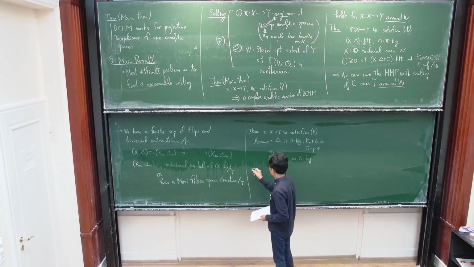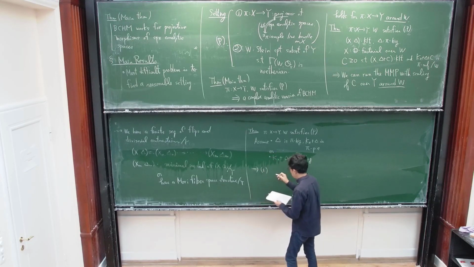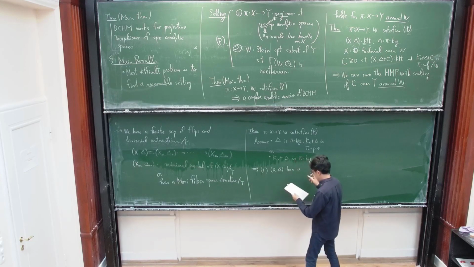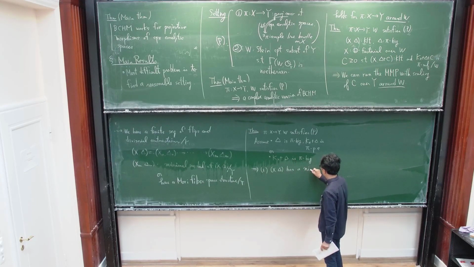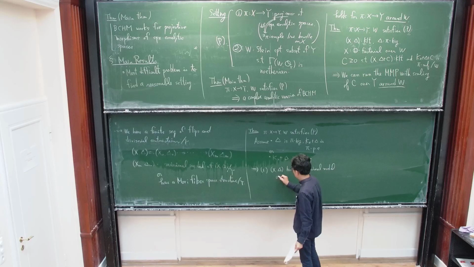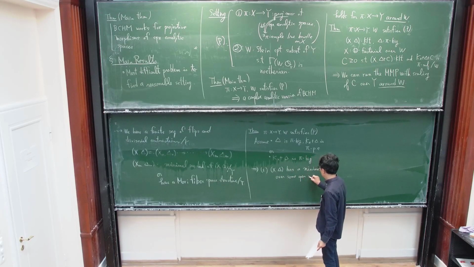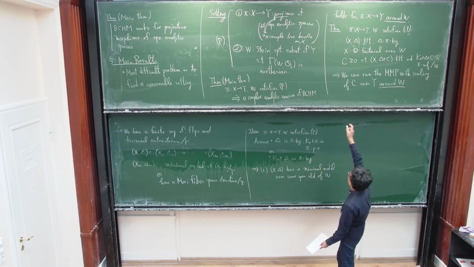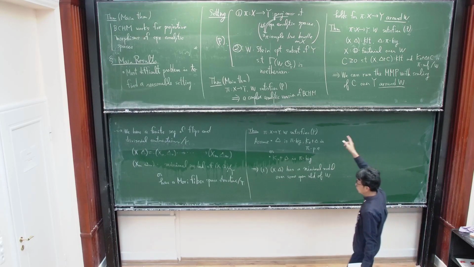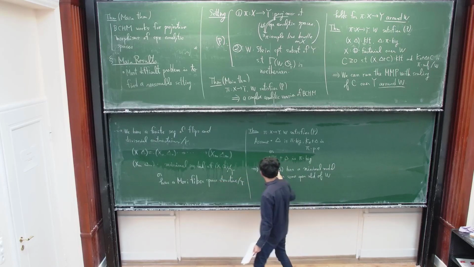Under this assumption, the first statement is (X, Δ) has a minimal model over some open neighborhood of W. So this theorem says after finitely many flips and divisorial contractions, we can construct a minimal model.